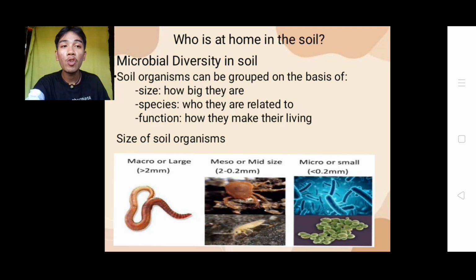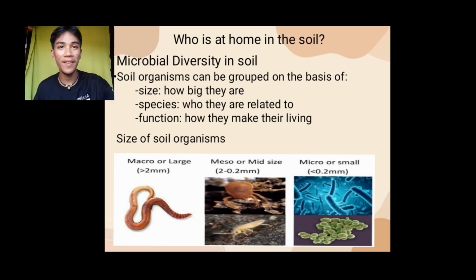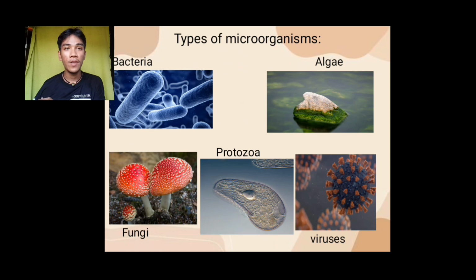While the meso or the mid-size has 2 to 0.2 millimeters, while the micro, the smallest of these three, is less than 0.2 millimeters.